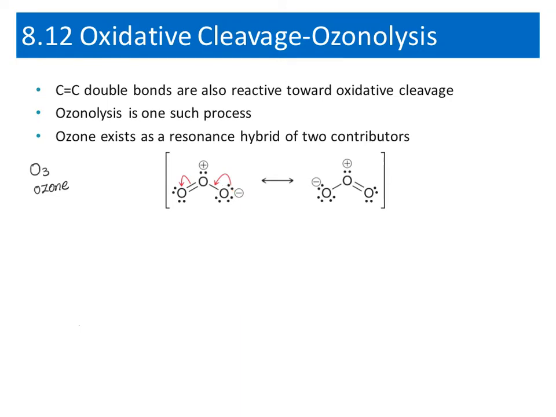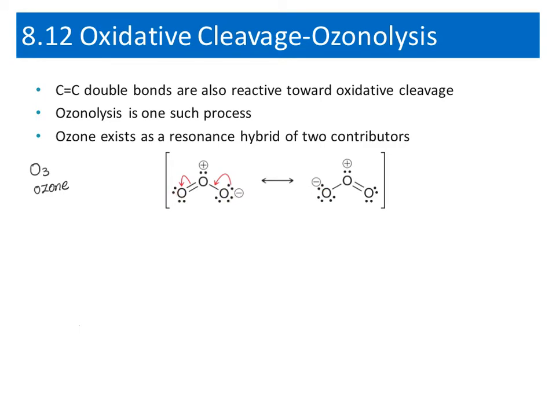This lone pair is allylic to the double bond, so we can push the lone pair to form a double bond here, and also push the pi bond to form a lone pair. In the second resonance structure, again the middle oxygen is positively charged. Now we move the negative charge between oxygen 1 and oxygen 3 in both resonance structures.